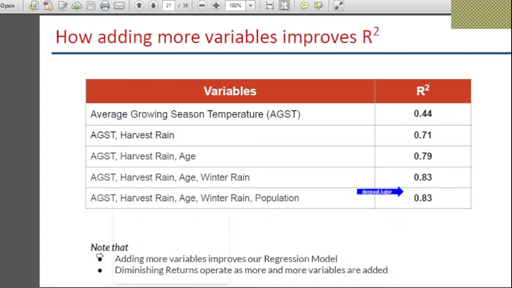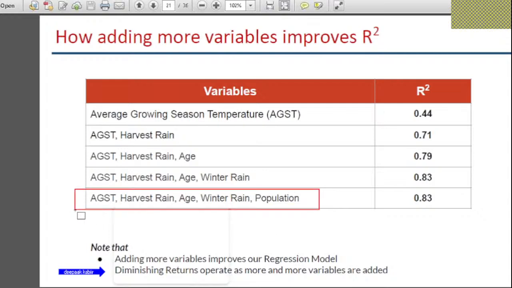So adding more variables improves our regression model, but diminishing returns operate as more and more variables are added. Looking at this slide only, do you think it makes sense for me to add all the 5 variables, or should I say add population to the independent variables?